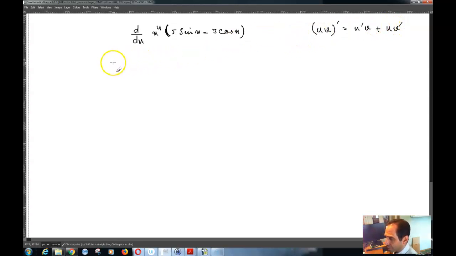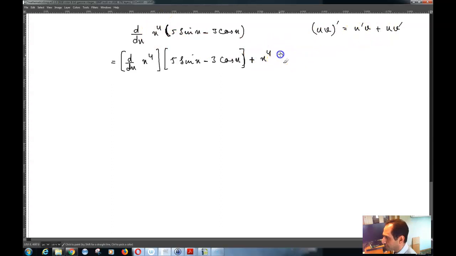So this is equal to basically d by dx of x raised to the power 4 times this function over here, which is 5 times sine x minus 3 times cos x, plus u, which is x raised to the power 4 times d by dx of 5 times sine x minus 3 times cos x.